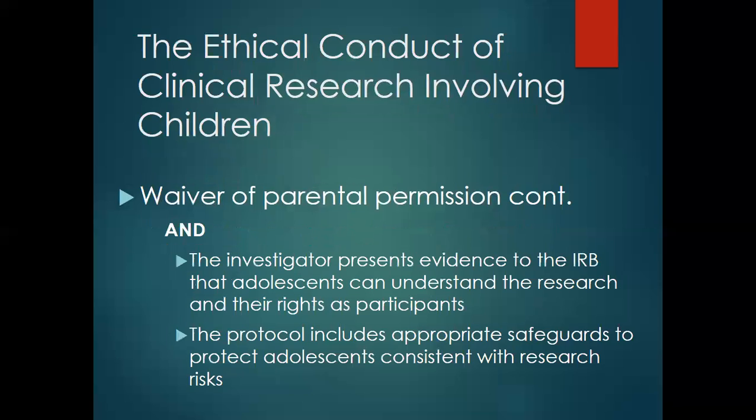So we have the two items, and we add to that, the investigator presents evidence to the IRB that adolescents can understand the research and they have the right to participate, and that the protocol includes appropriate safeguards to protect adolescents consistent with research risk.